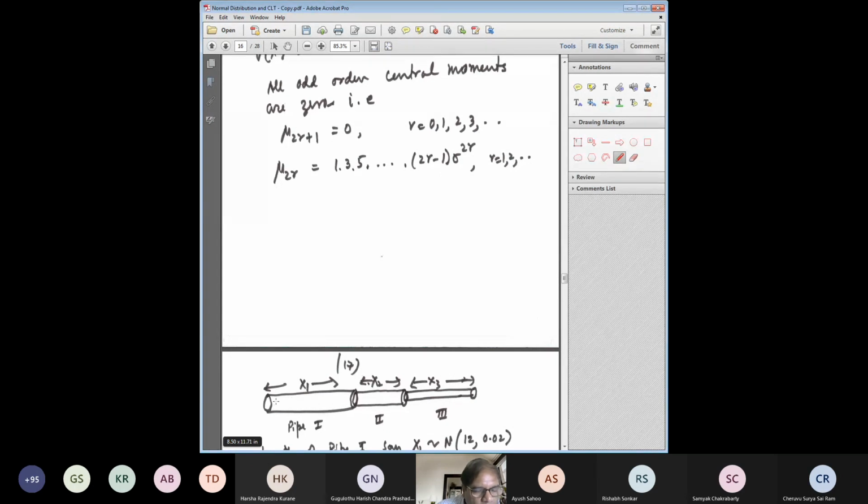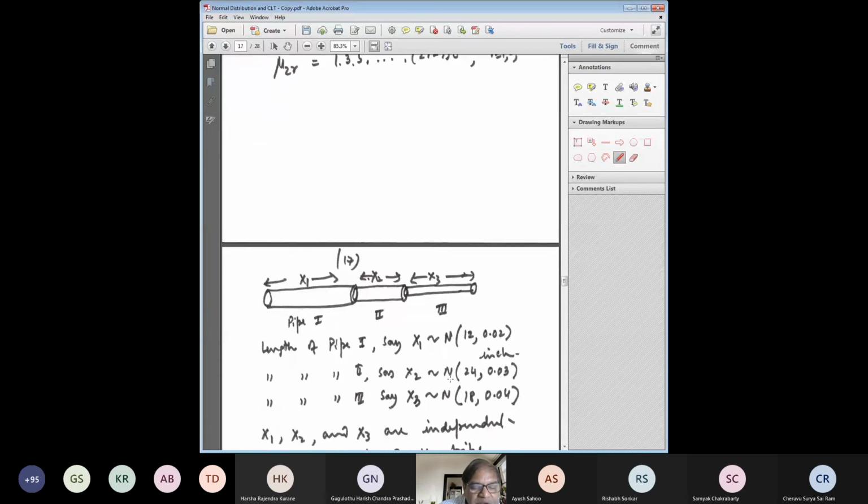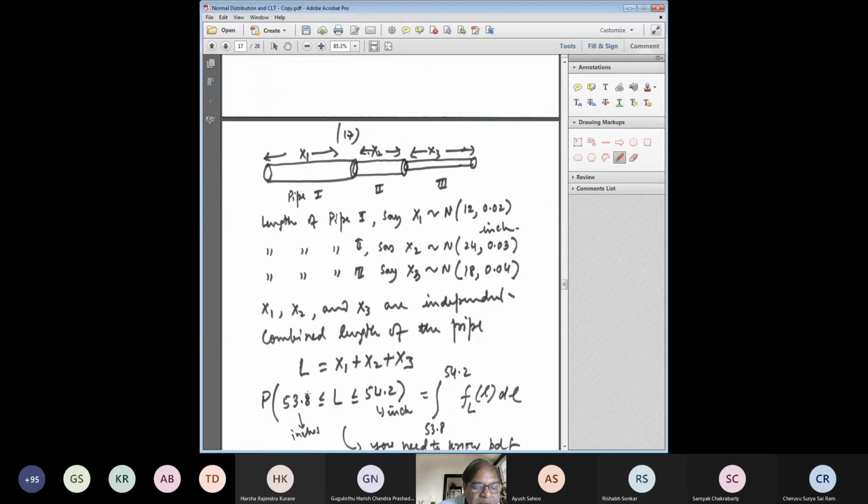What will be the length of the combined pipe, which will be x1 plus x2 plus x3, where lengths follow the normal distribution, and we need to find the probability that the total length will lie between a certain interval. Such problems can be solved using the additive property of the normal distribution.